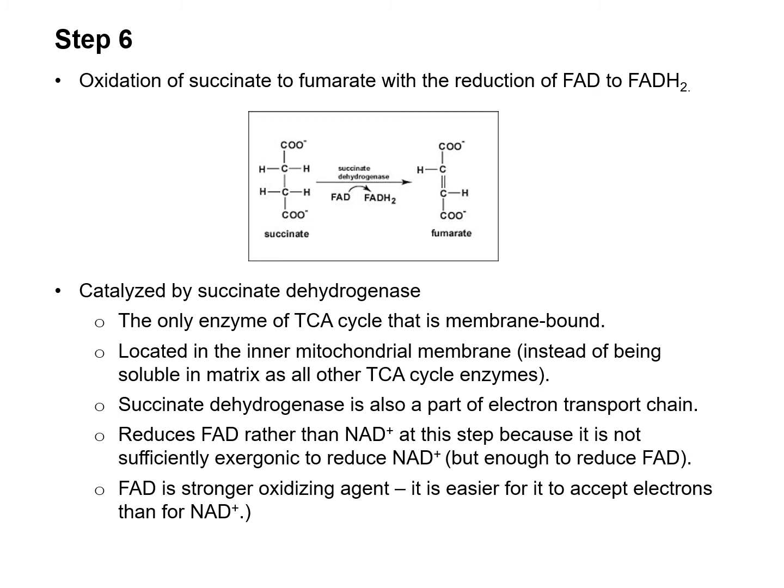And it reduces FAD rather than NAD plus at this step because it is not sufficiently exergonic to reduce NAD plus. But still, this reaction is enough to reduce FAD. FAD is a stronger oxidizing agent, so it is easier for it to accept electrons than NAD plus.